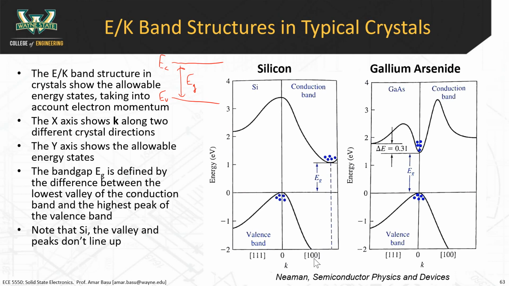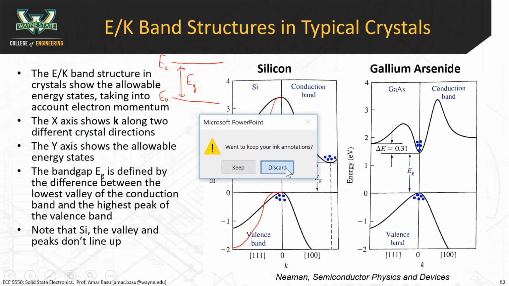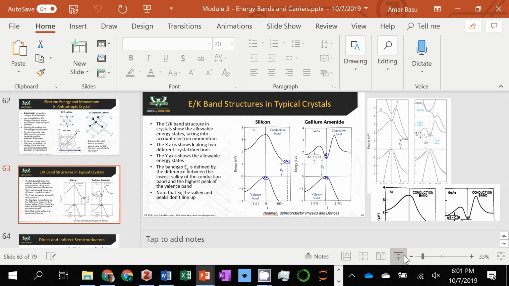It would just be a mirror image, right? So there's really no point. If we were to draw the negative 1, 0, 0 direction, it would just be a perfectly symmetric graph like this, right?